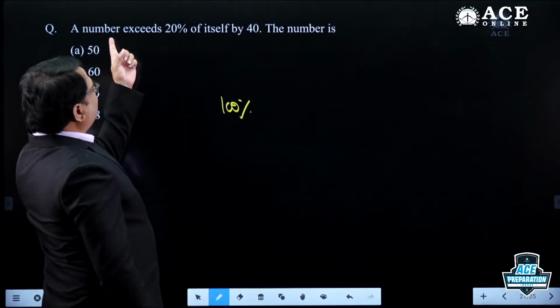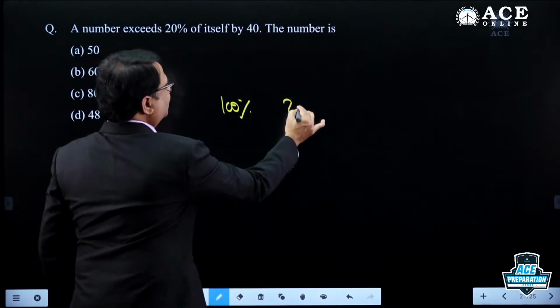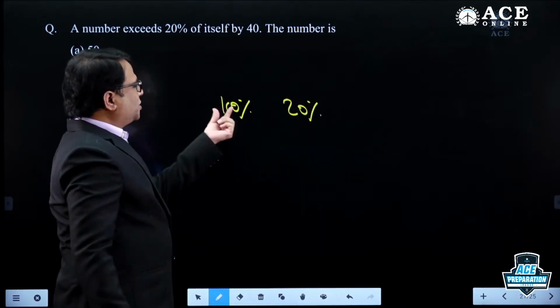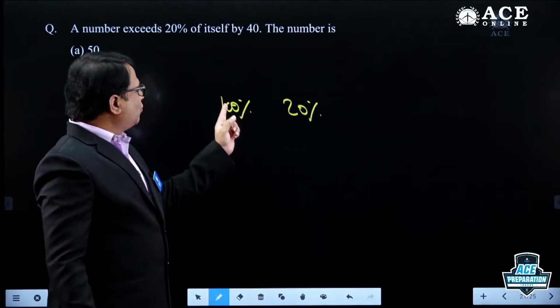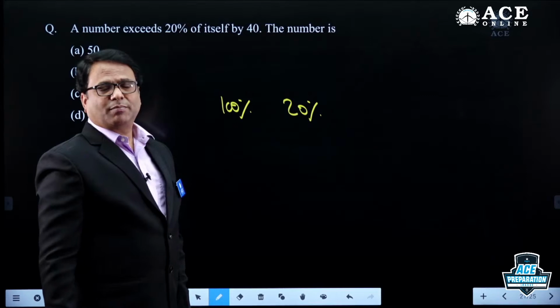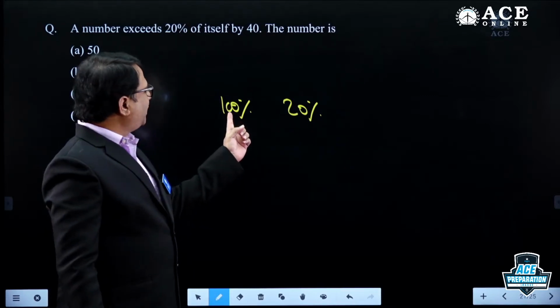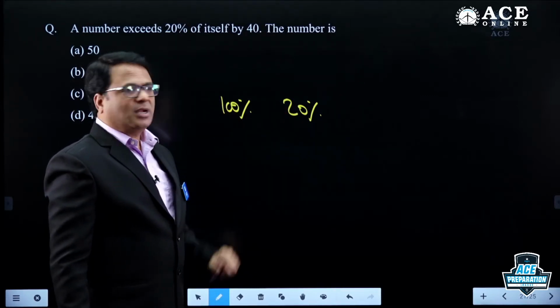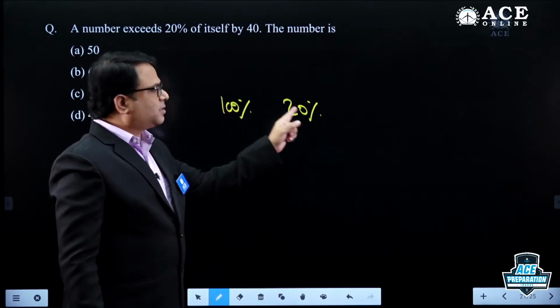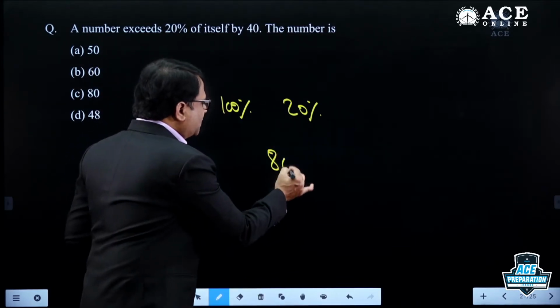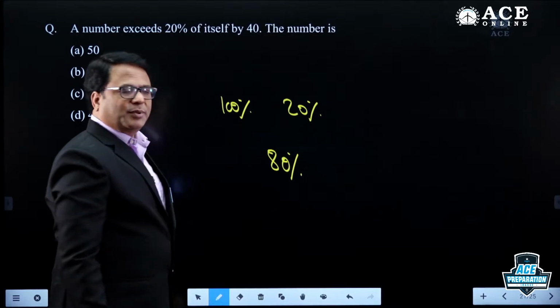So, original number is 100%. And that 100% exceeds 20%. So, this is original number. And it is more than 20%. By how much? So, what is the difference between 100% and 20%? The difference between 100% and 20% is 80%.